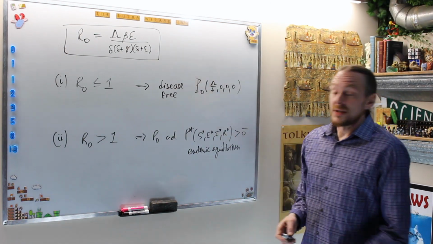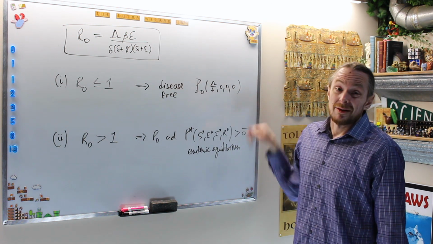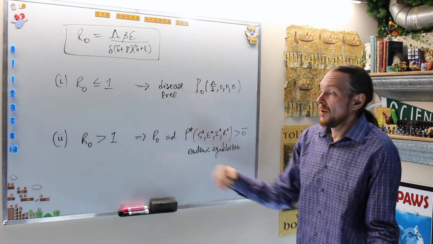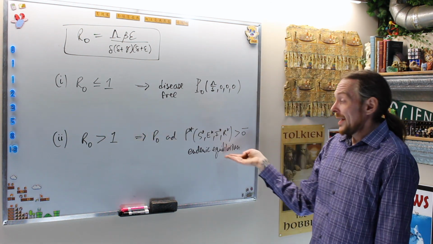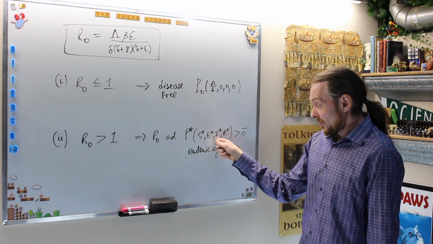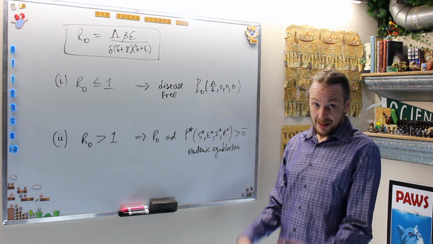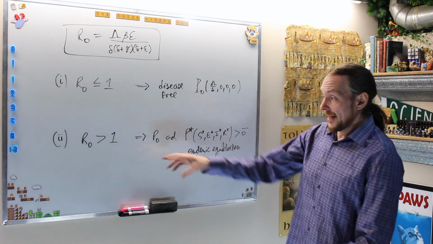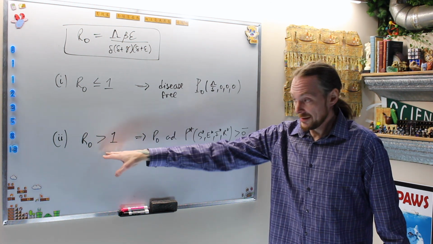Therefore, when the general reproduction number is less than or equal to 1, we can control and there is no disease outbreak. When R0, the general reproduction number, is larger than 1, we have an endemic equilibrium which will exist, which says that all of these populations are going to be positive, and then we can try to use further analysis of the models to try and mitigate and control the R0 so this will become less than 1.